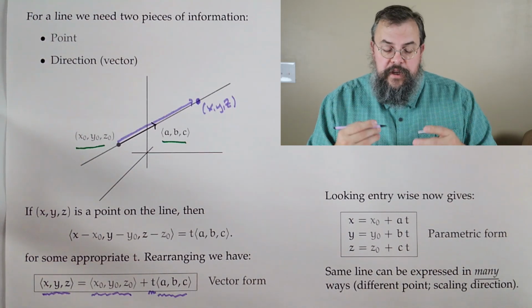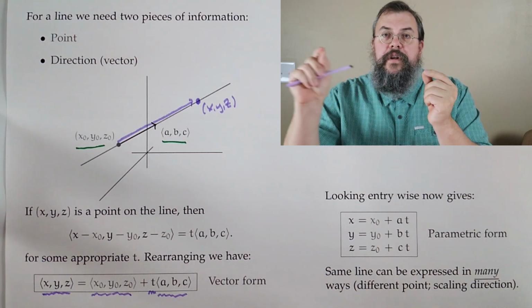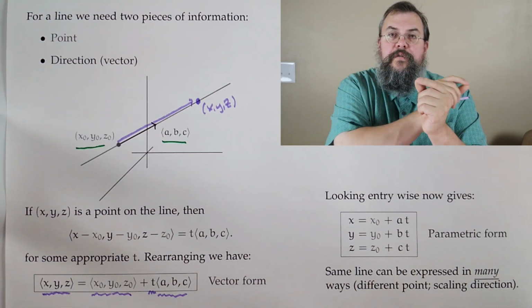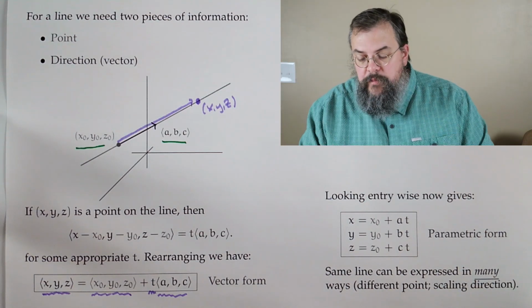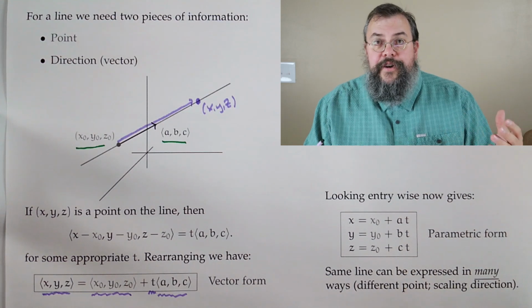So in other words, every single point on the line is found by picking an arbitrary point to start and moving along it some amount. And of course, we can move in both directions. All right. Now this is called the vector form because everything says a vector.